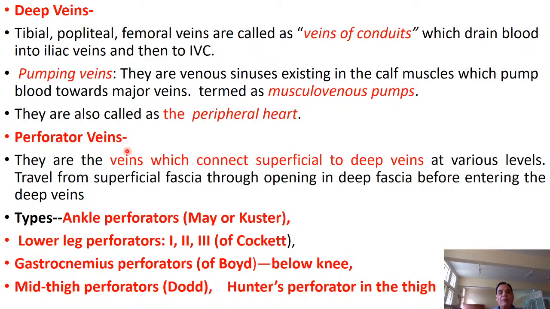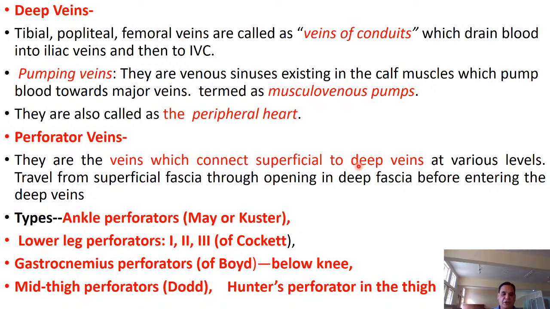Other veins are perforator veins. What are they doing? They are connecting the superficial venous system to the deep venous system. Very important one. That means these two systems have to work together. Why? Because if one of them is blocked, these perforator veins will take over and transfer the blood from one system to the other system.